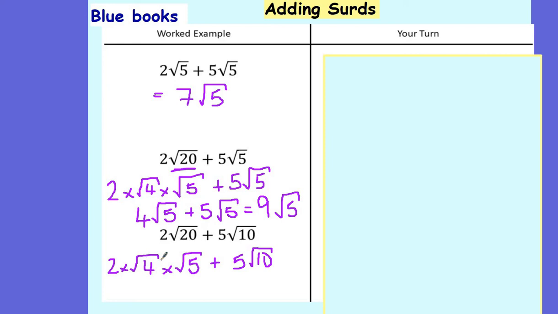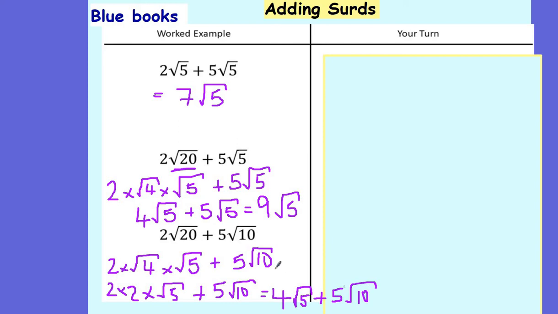So as the square root of 4 is 2, I can write that as 2 times 2 times the square root of 5 plus 5 lots of the square root of 10. 2 times 2 is 4. So my final answer is 4 square root 5 plus 5 lots of the square root of 10.